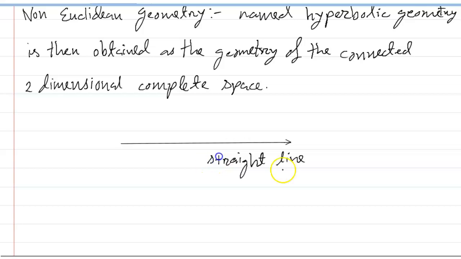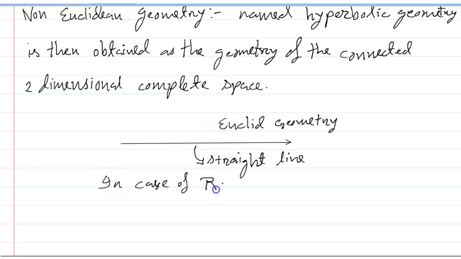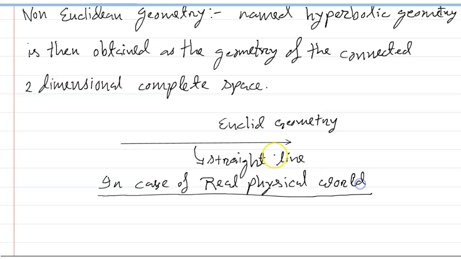This is a straight line. According to Euclidean geometry, but in the case of the real physical world, it may not be a straight line. It is not a straight line.